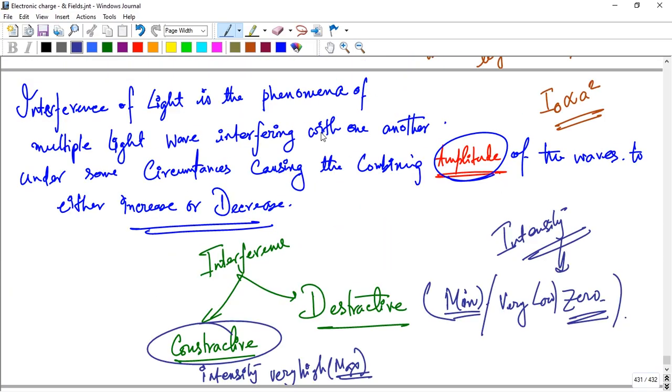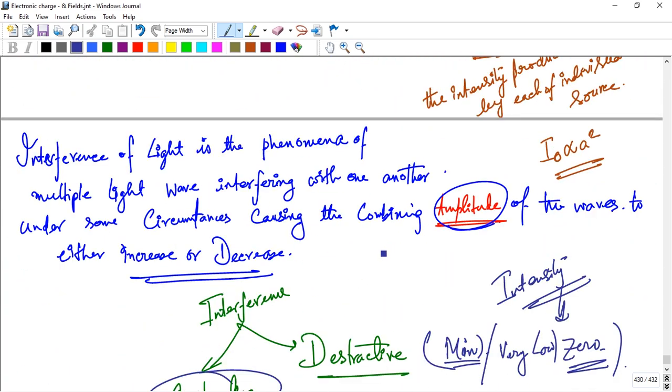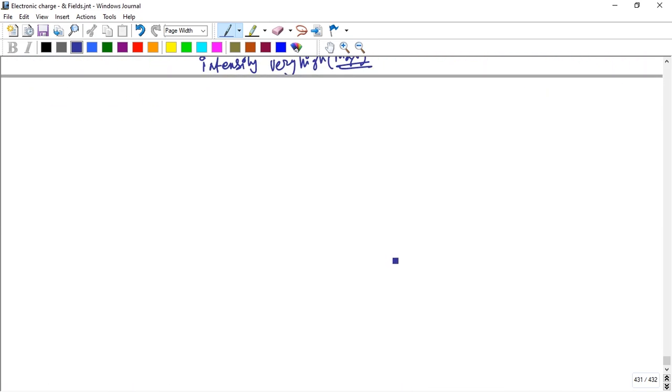So the same condition here. The two sources S1 and S2, the two pins or two needles going up and down in calm water, same condition for constructive interference.